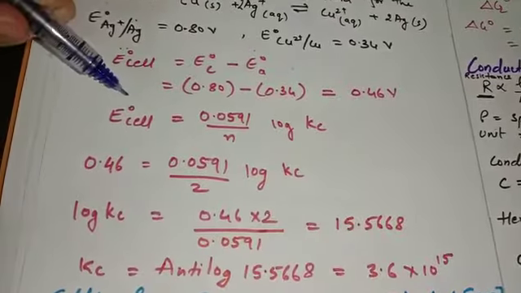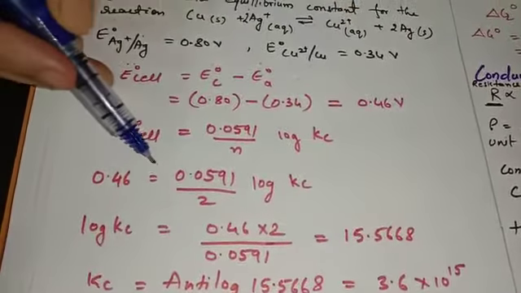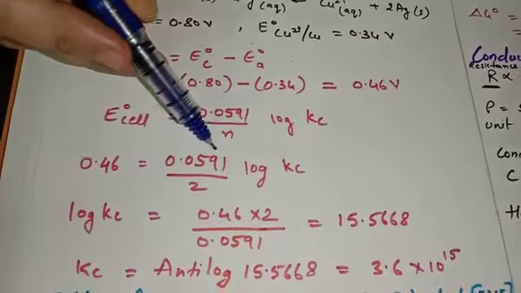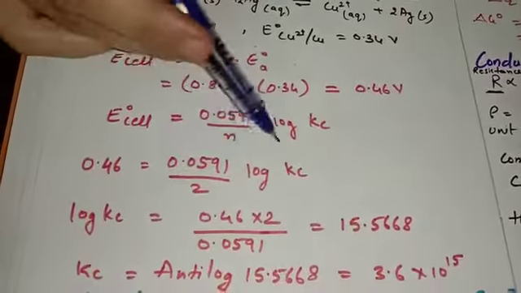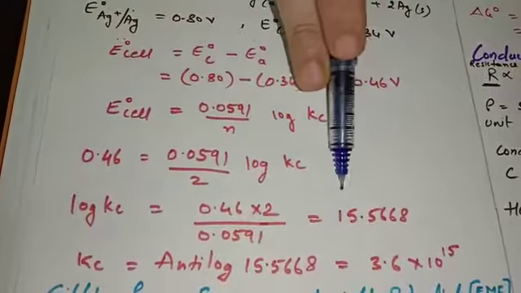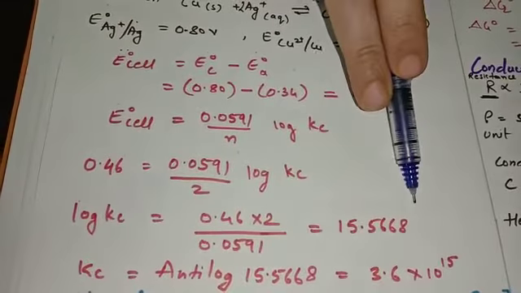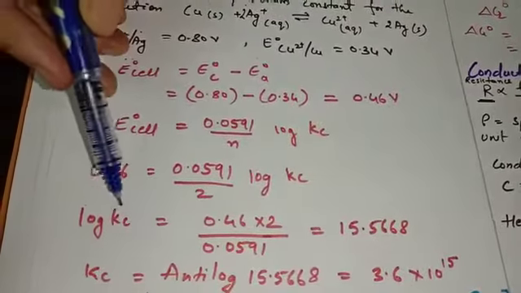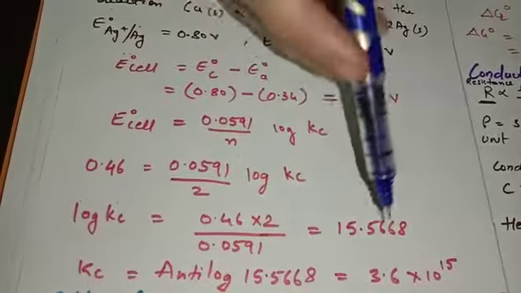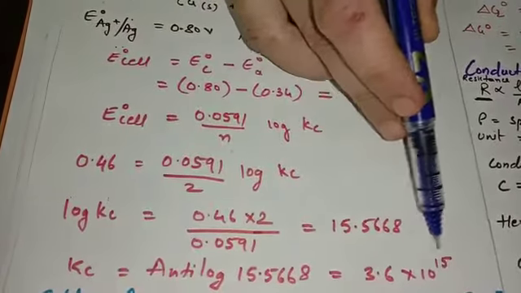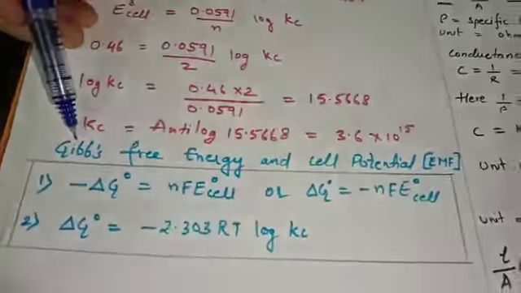So putting in the values, 0.46 is equal to 0.0591 upon 2 log Kc. Then log Kc comes to be 15.5668. How to get the value of Kc? Kc is equal to antilog of this value, and it comes to be 3.6 into 10 to the power 15.